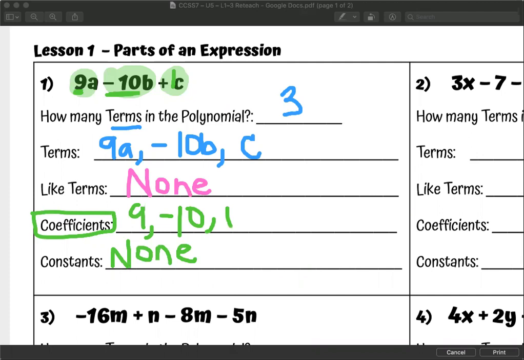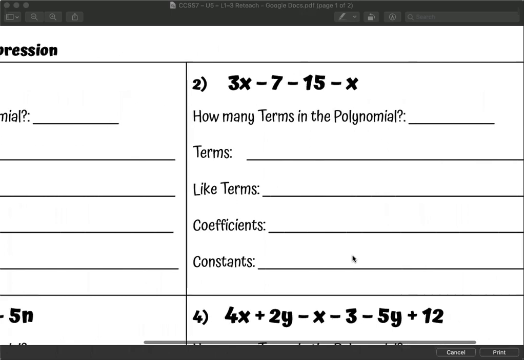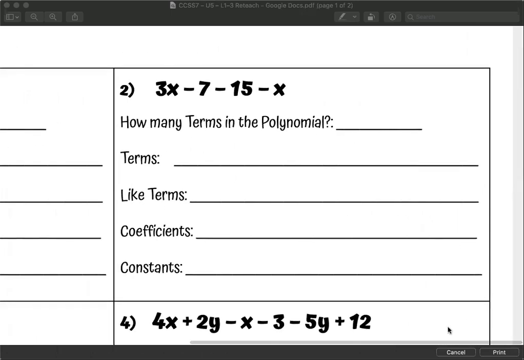All right, let's look at number 2. How many terms do we have? We've got 1, 2, 3, 4 terms here. Now let's look at what those actual terms are. Remember, you have to include the plus or minus.